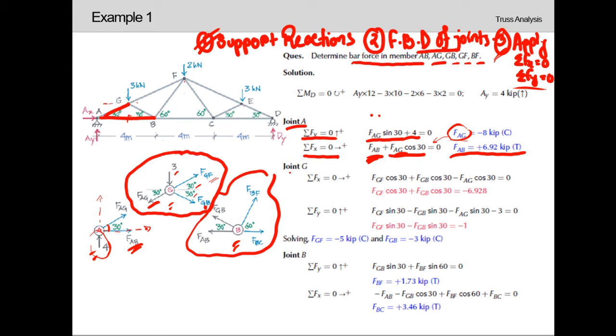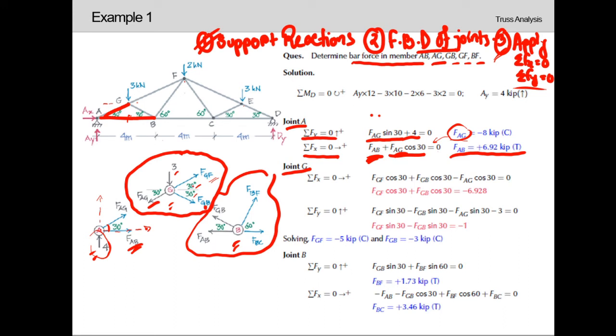Similarly, applying the same procedure for joint G, that means we need to apply summation of Fx and summation of Fy for joint G. Now applying summation of Fx first, we can see this is an inclined member, so it will be having an x component, its horizontal component, which will be cos 30.